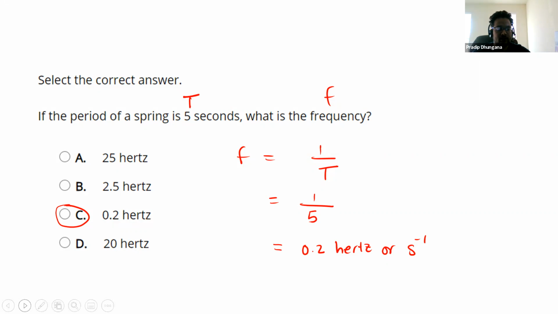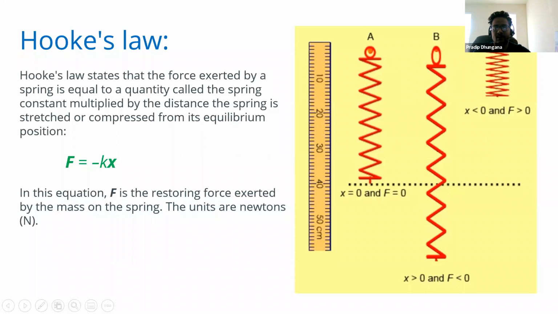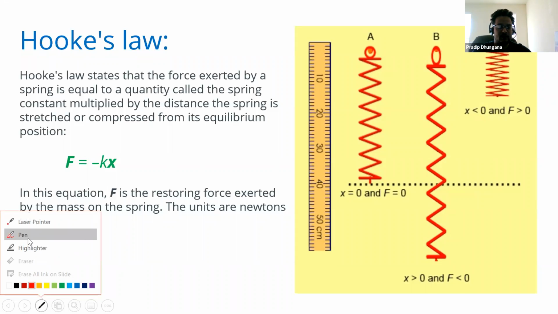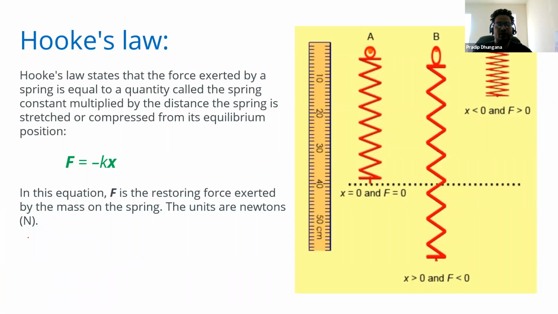Now let's go to the next slide. Now let's talk about Hooke's law. Hooke's law defines the relationship between the force exerted on the spring and the displacement caused by that force.